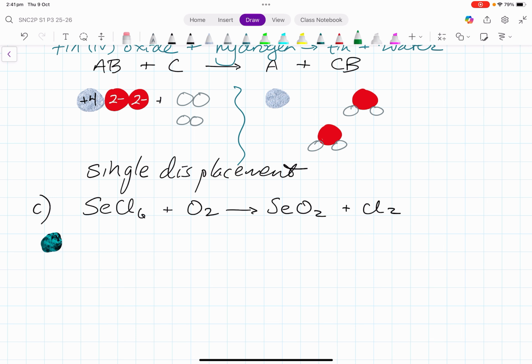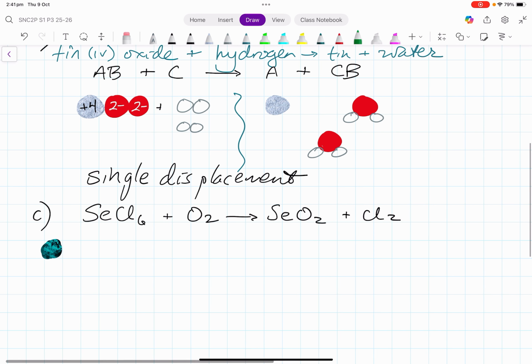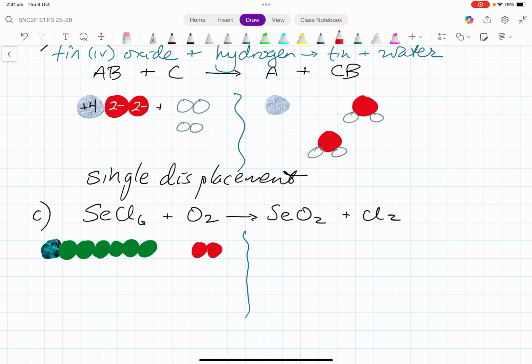All right, so there's that. And then 6 chlorides, I should say. There we go. Okay. And now we're going to draw our O2 molecule there. And that's the left side, and then the right side's over here.